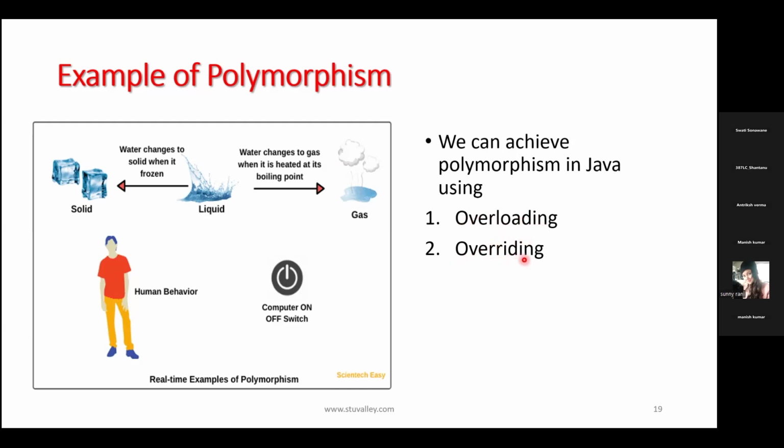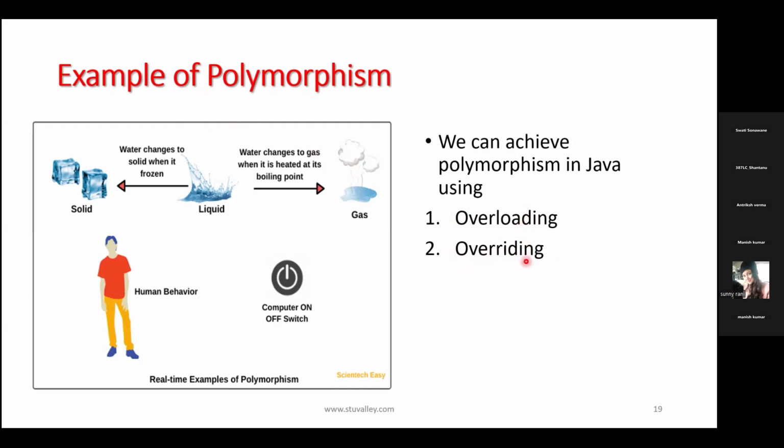Overriding, as we have seen, is related to the inheritance concept. Overriding is always performed in inheritance because we are using the same method name or signature from the parent class in the child class. Only the implementation differs. Whatever implementation you wrote in the parent, you can change in the child.